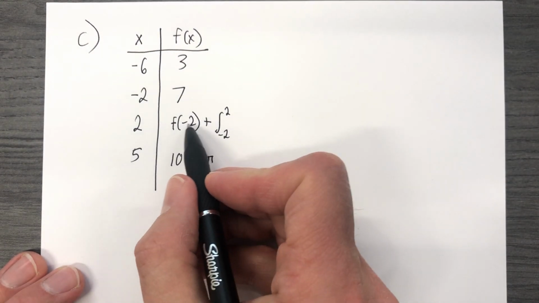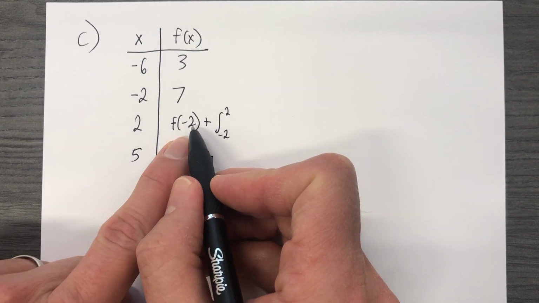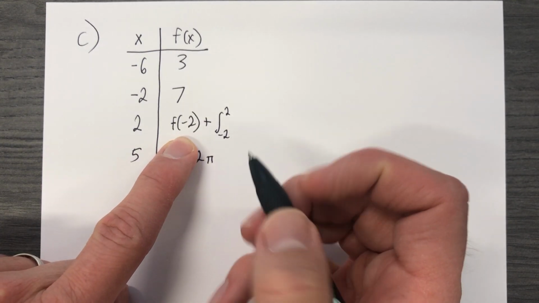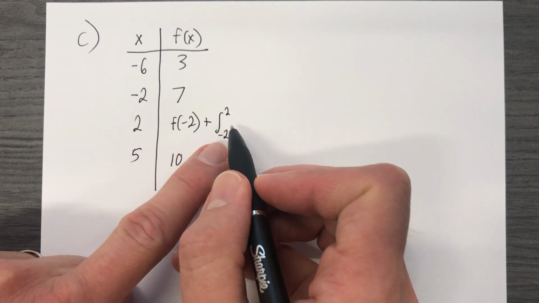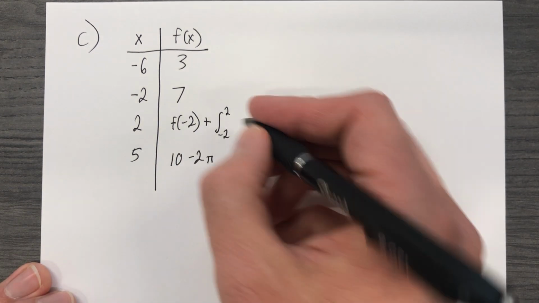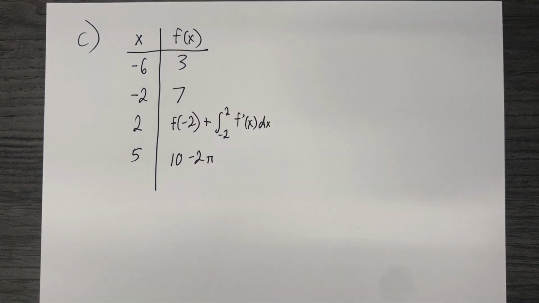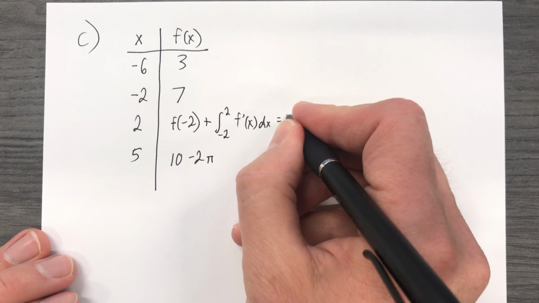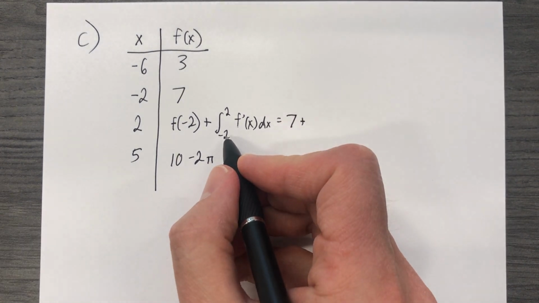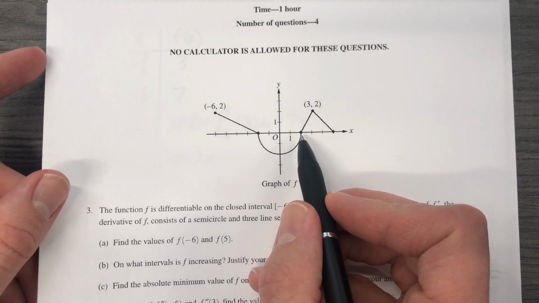I'm going to say, here's our starting point, which is 7, because they told you. This is 7, and then I'm going to add some accumulated area. So this is what I'm doing. I could have done part A this way, and it ends up the same. Just felt like explaining it more than one way. So we're going to have 7 plus the accumulated area from negative 2 to 2, and that is the semicircle that is below the x-axis.